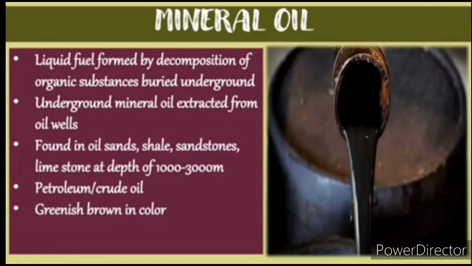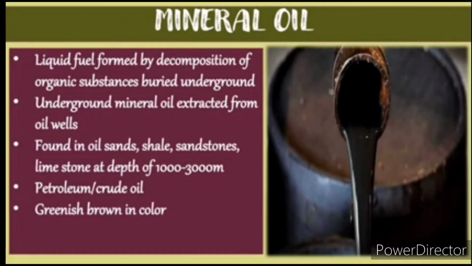Let's see what mineral oil is. Mineral oil is a liquid fluid formed by the decomposition of organic substances buried underground. Millions of years ago, the bodies of dead sea organisms sank to the bottom of the sea. Layers of soil and sand collected on them. Due to the high pressure and temperature, the remains of the dead organisms were transformed into mineral oil.